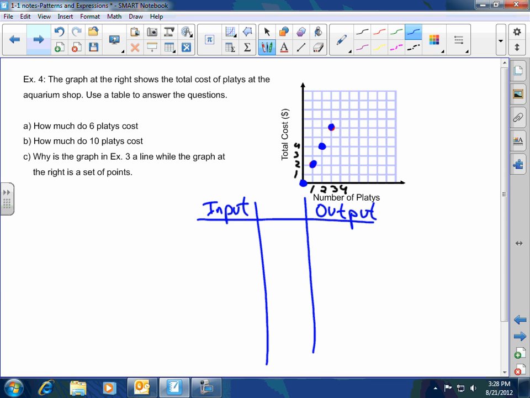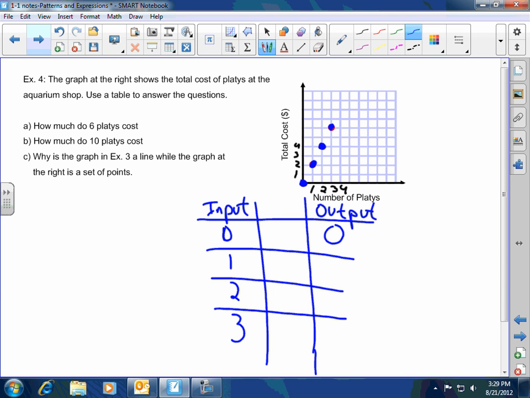So we've got 0, 1, 2, and 3 right here on the table. 0 plats purchased, $0 cost. 1 plat purchased, $2. 2 plats purchased, $4. 3 plats purchased, $6. So what's happening here?